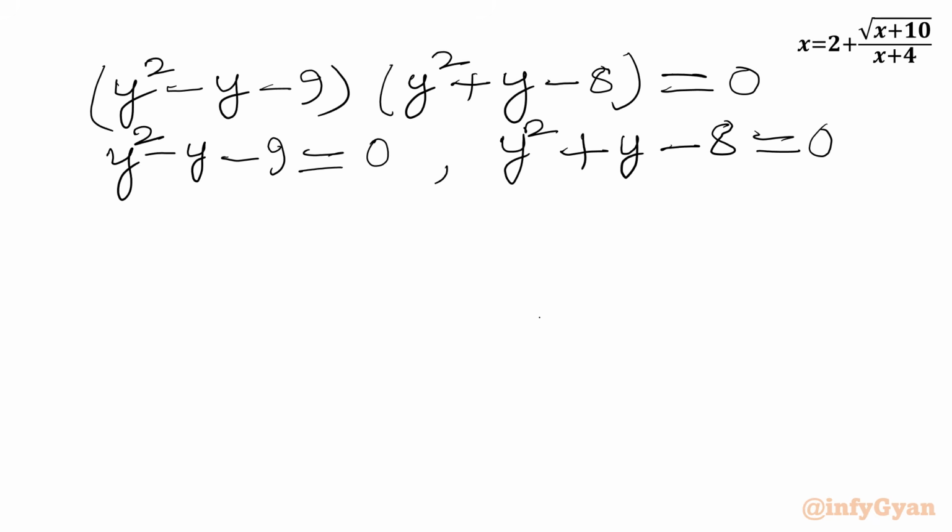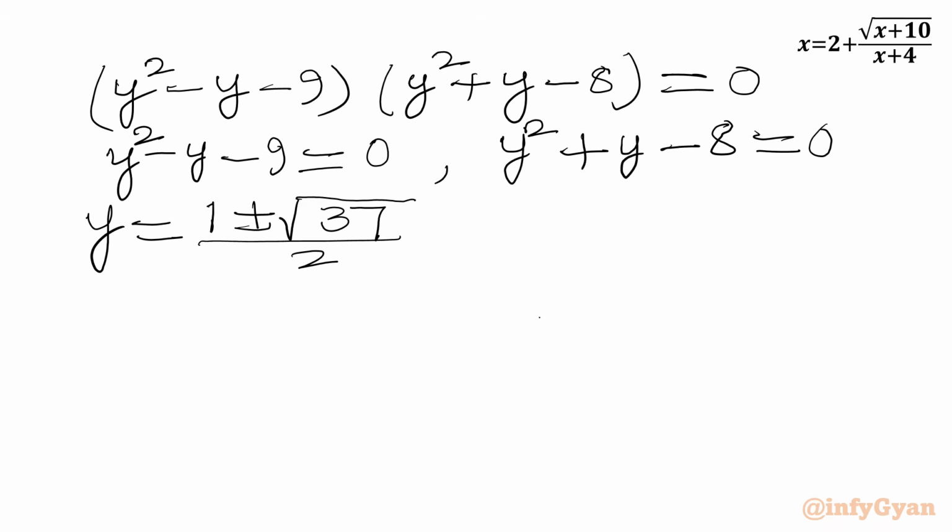Now we'll use quadratic formula to get the values of y. Y will be equal to 1 plus minus square root of 1 plus 36, so we can write 37 over 2.